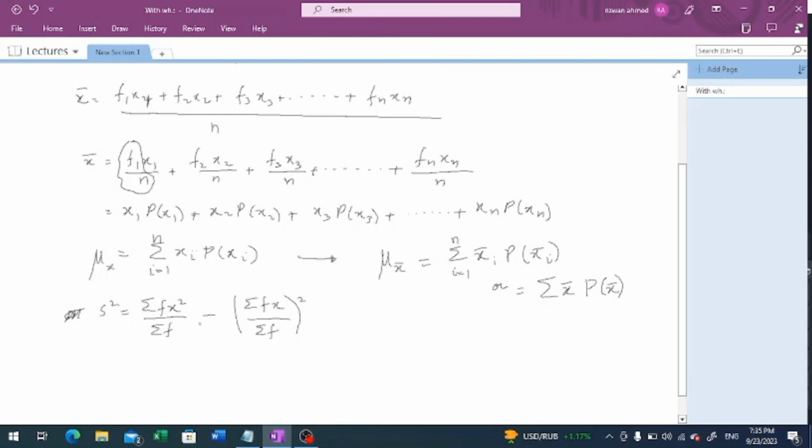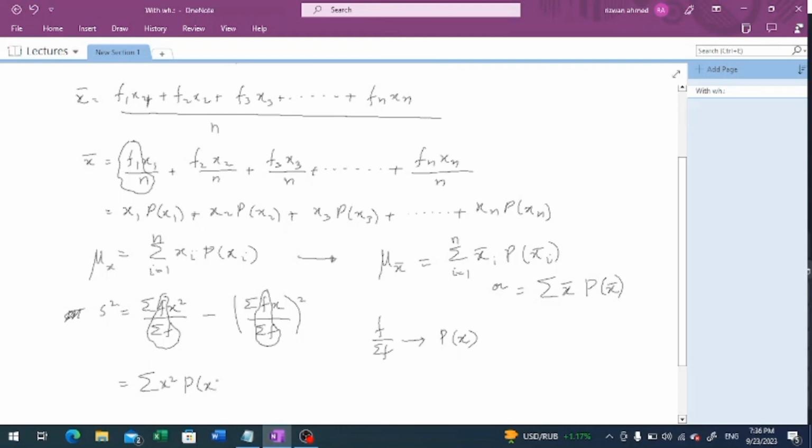Using the concept of relative frequency again, we can highlight this component and this component as well, and f divided by summation f in fact approximates probability of x. Therefore, we can now change the right hand side formula following the same logic we have discussed over here.